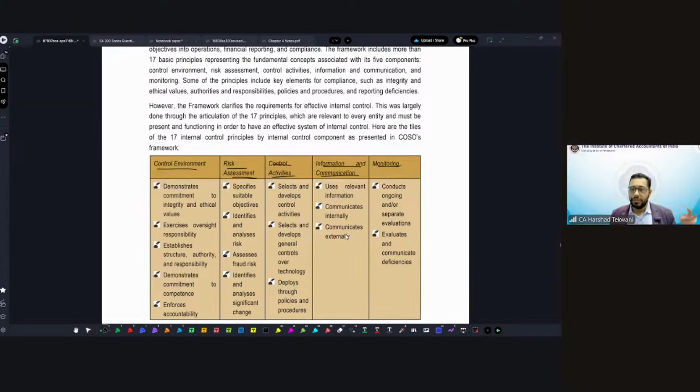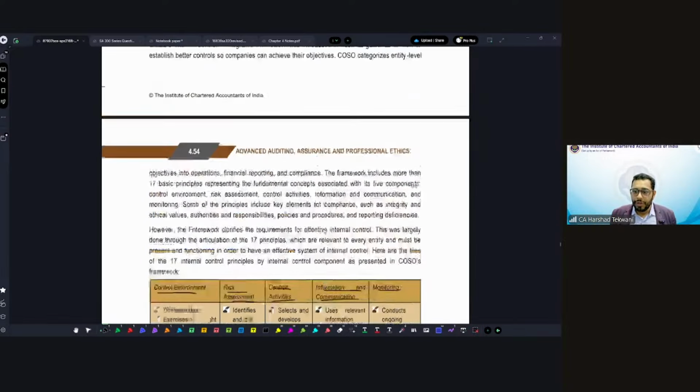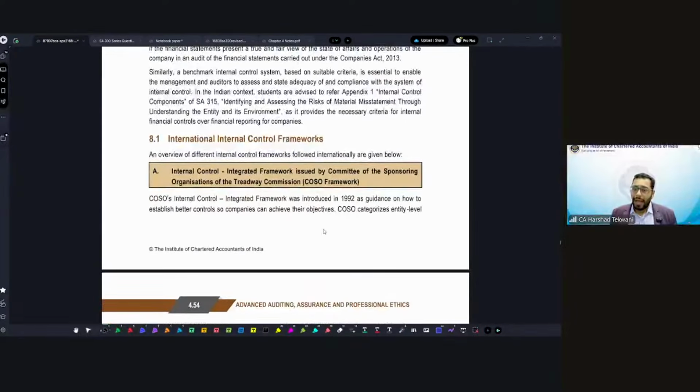COSO is the framework which talks about five components of the internal control. Based on this framework, I am saying what the minimum requirements for an internal control are. Yes or no? So based on various frameworks, we understand what the different components of internal control are which are at minimum needed to design good controls within the company.